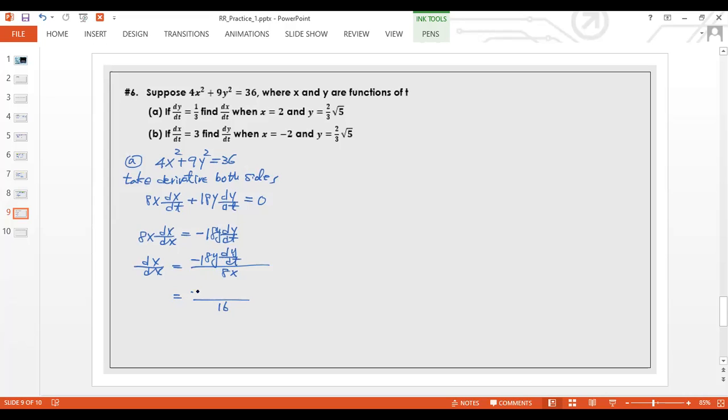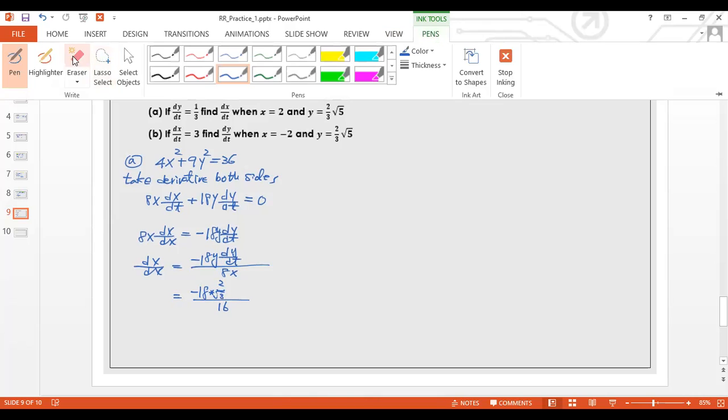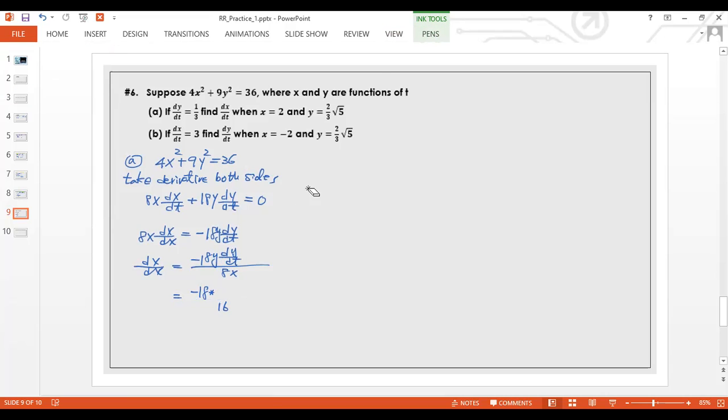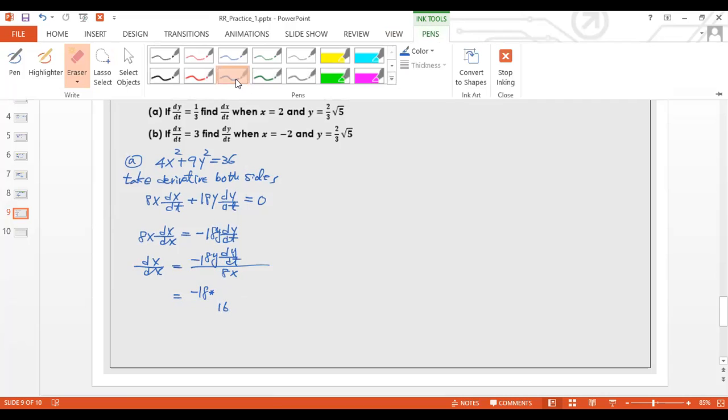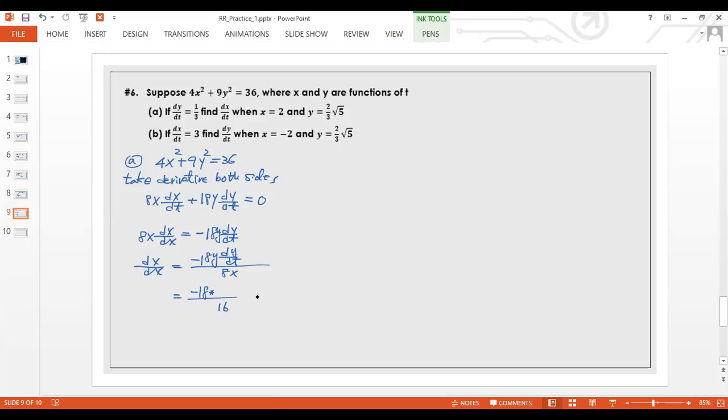Now let's plug in the values, x equal to 2, so this is 16. Negative 18 times y, what is y here? It is 2 over 3 square root of 5.